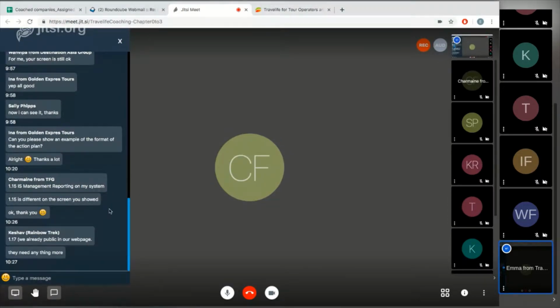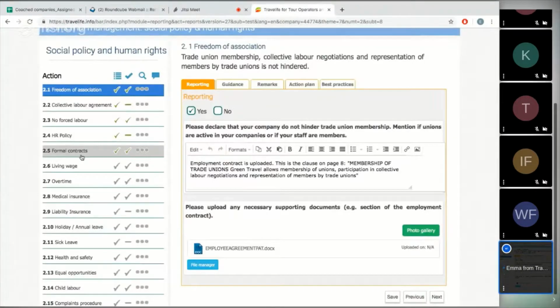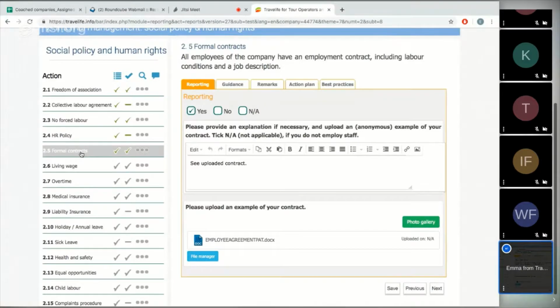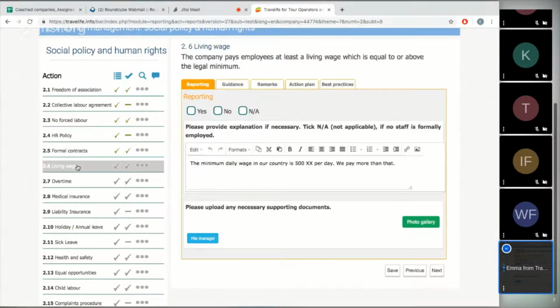And then while you're doing that, I'll shortly just proceed for the other ones. So we had formal contracts, and then the next one, which is important, would be living wage. So whether your company pays employees at least a living wage, which is equal to or above the legal minimum in your country.